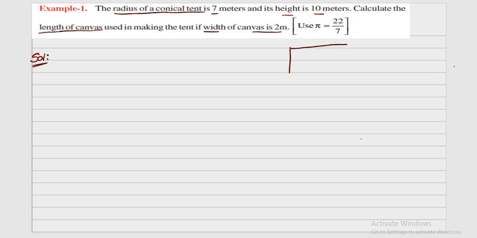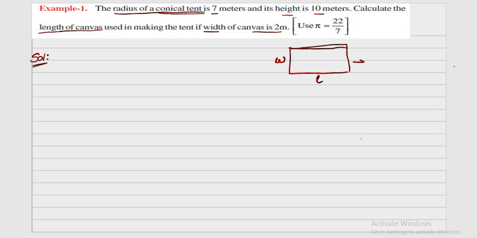You might have seen in the cloth shops that the cloth will have a certain height, which we call here the width, but they are kept in rolls so that you can have any length. Whatever length you want to purchase, you can purchase. They are going to sell you based on the meters, right? So this particular rectangular cloth is being converted into a conical tent. That is the main intention of this question, right?